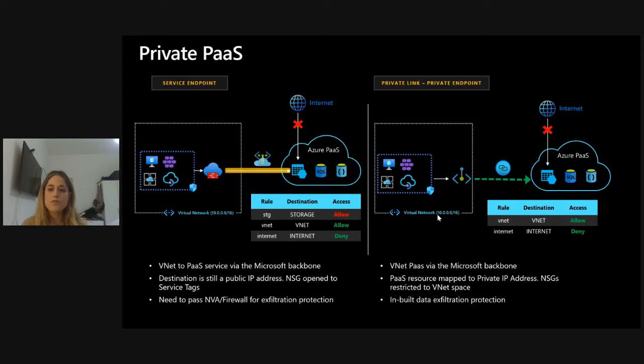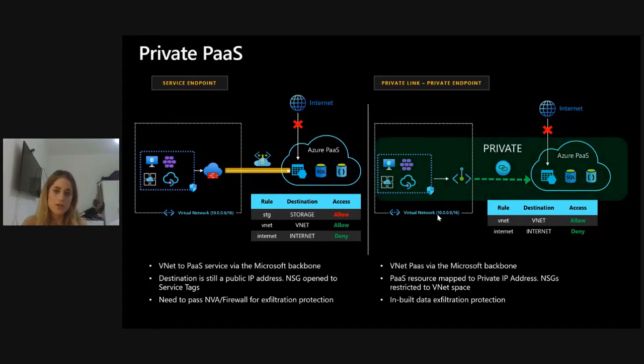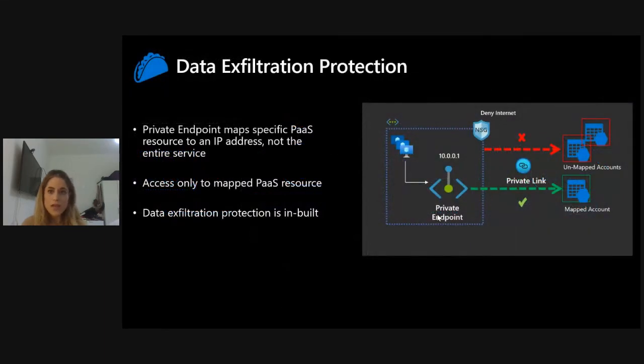And then second of all, from your virtual network, you need to open a connection only to this specific instance that you have. So you're not letting your virtual network go outbound to blob storage in general, but to your own instance of blob storage, which is awesome.